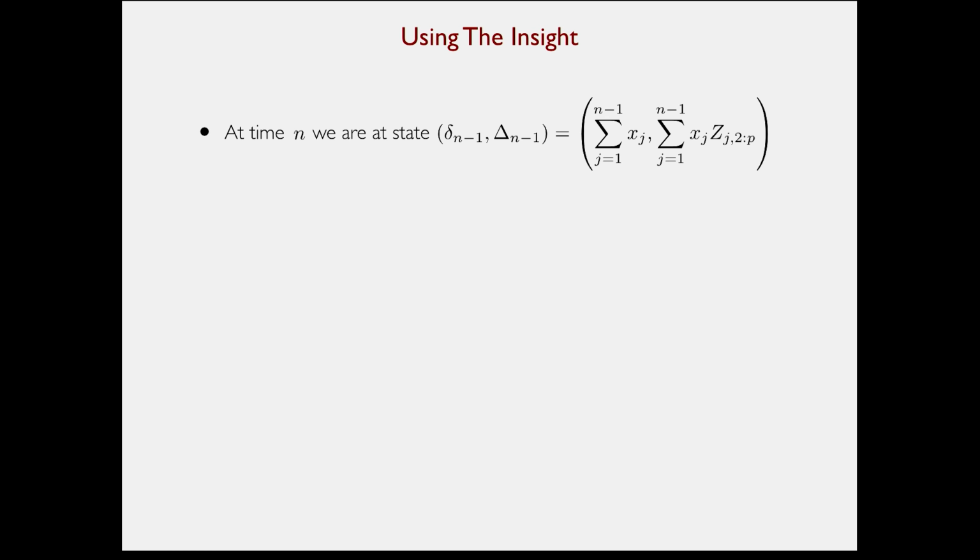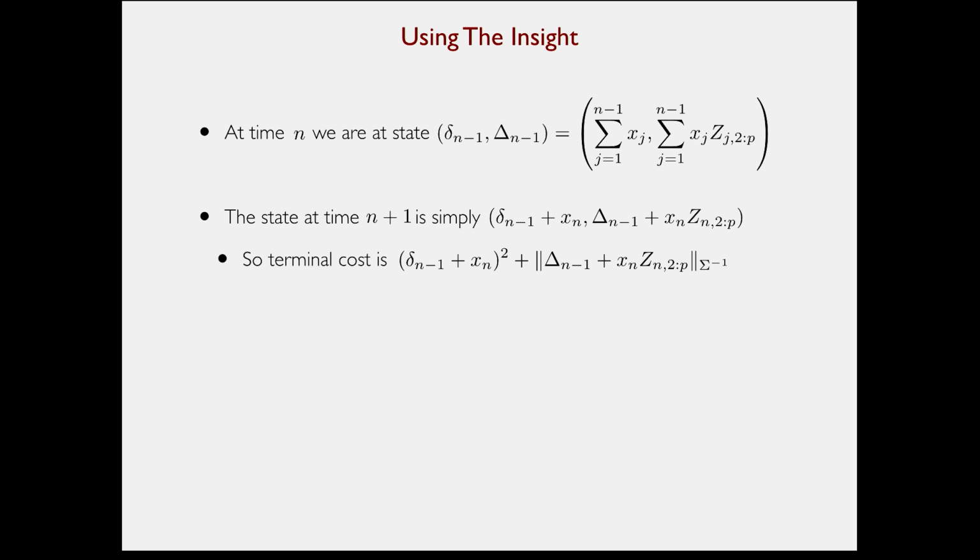Now at time n plus 1, which is the terminal state, what's your state going to be? You're going to take that nth sample that arrives, and you're either going to assign it to +1 or -1, which takes little delta to little delta n minus 1 plus cap xn. And it's going to take capital delta to capital delta n minus 1 plus the covariate vector with the appropriate sign, was it +1 or -1.